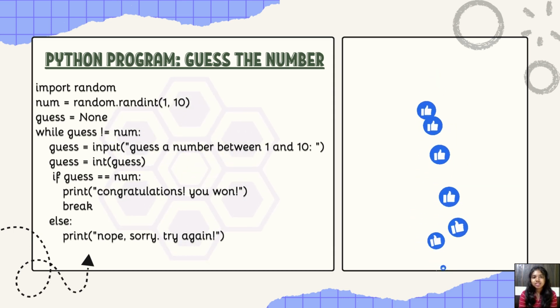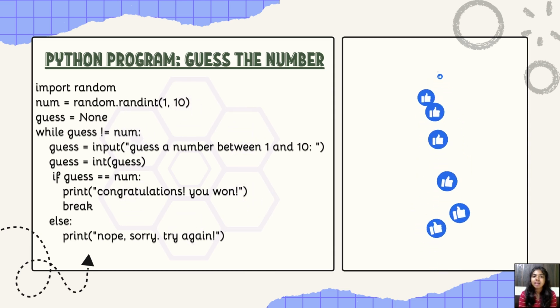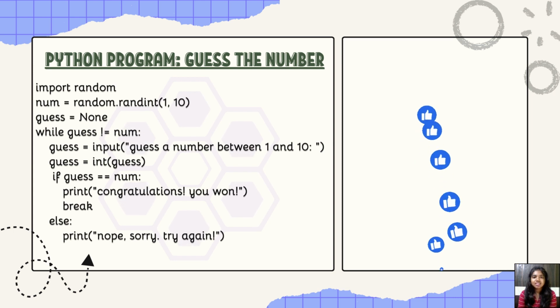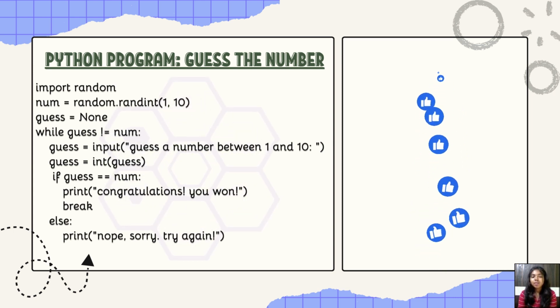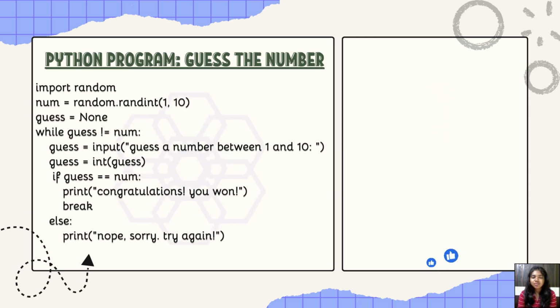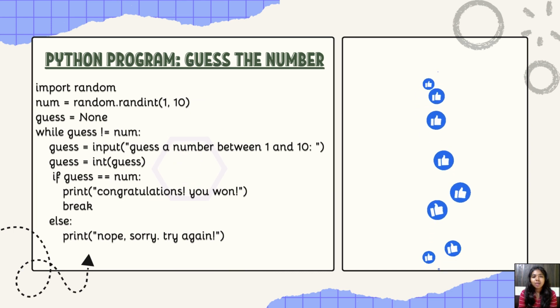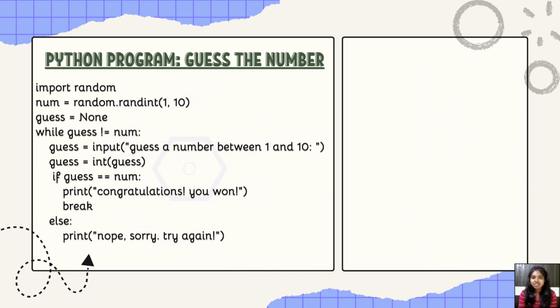Then a condition is applied and it is checked whether the user's guess is equal to the randomly generated number or not. If the user's guess is correct, then a congratulatory message is printed and a break statement is used to exit from the loop. If the user's guess is incorrect, an appropriate message is printed and the next iteration is started.